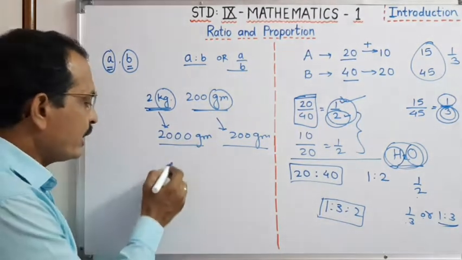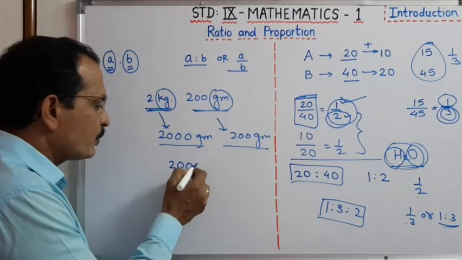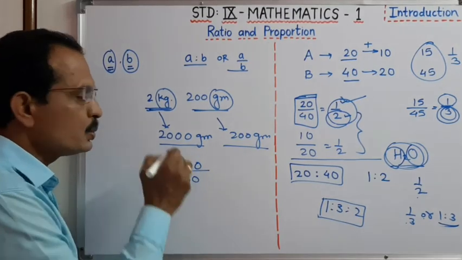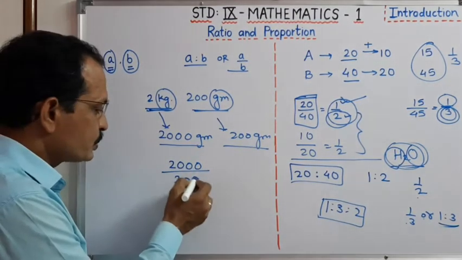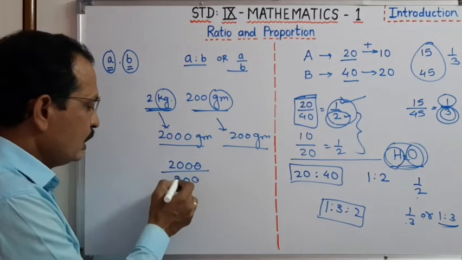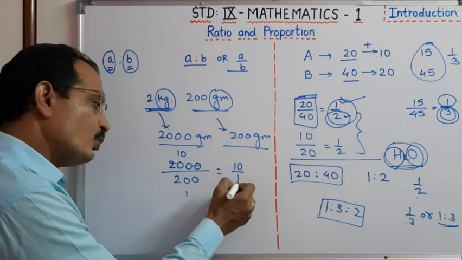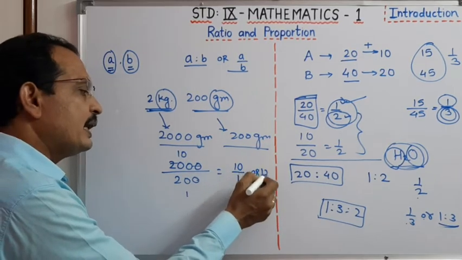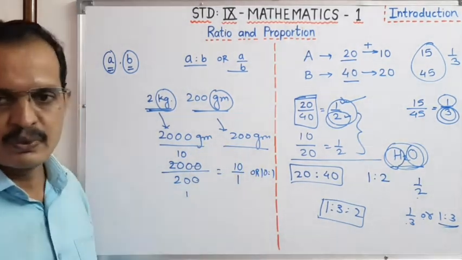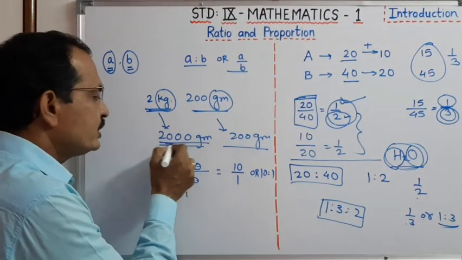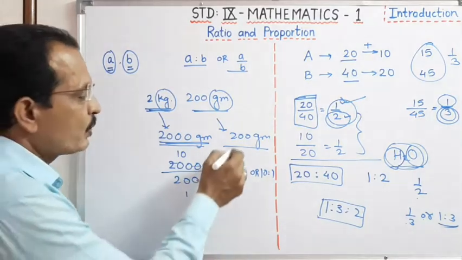Now we have to find out the ratio. That means we have to find out the division. That is 2000 upon 200. Dear student, these two get cancelled. It is 10 upon 1, or we say that 10:1 is the ratio.